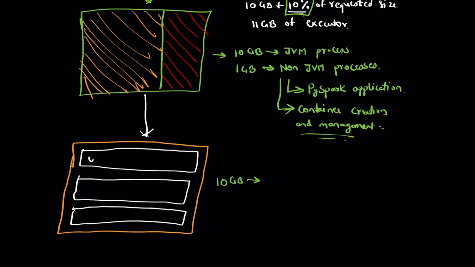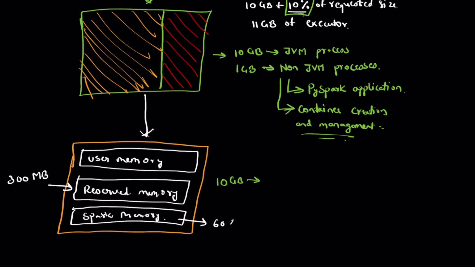First one is user memory, reserved memory, and Spark memory. By default, the reserved memory is 300 MB and Spark memory is 60% of the remaining.